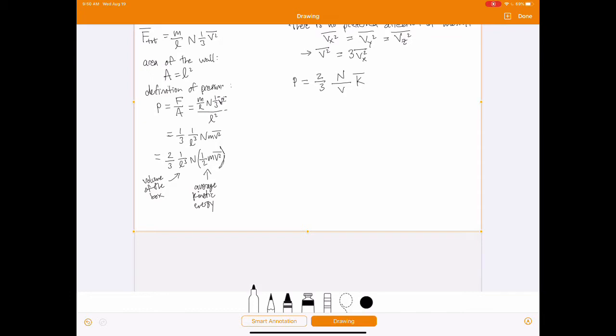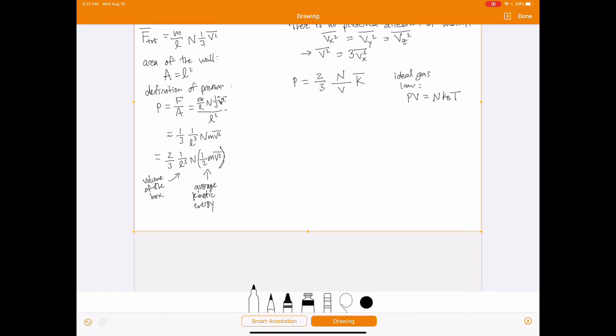The next thing I want to do is introduce the ideal gas law, which there are different ways we can write it, but I'm going to use the form PV equals N times Boltzmann's constant. That's a different K, so I'll write it as k_B times the temperature.